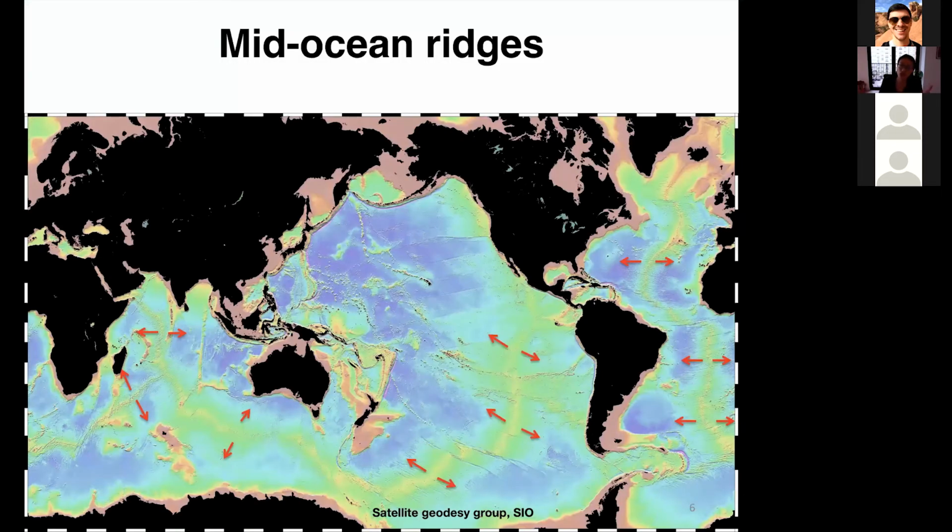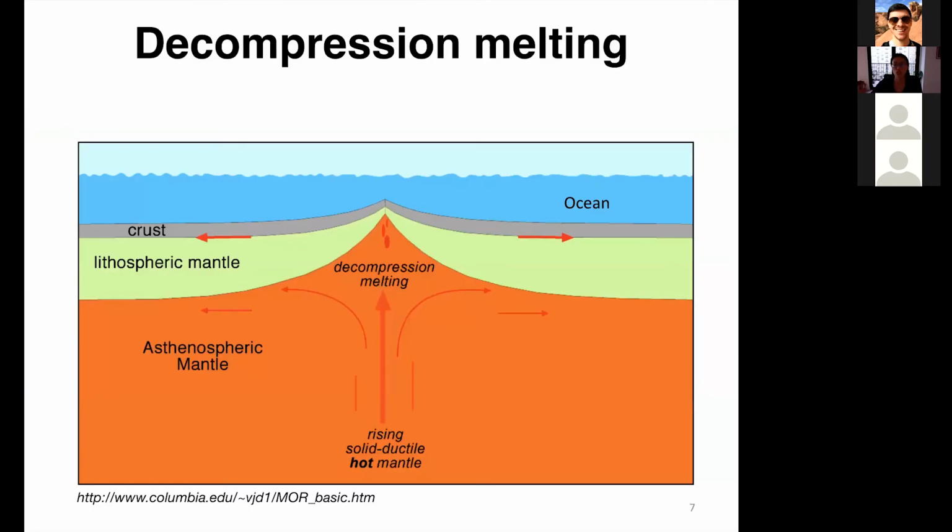Mid-ocean ridges produce most of the world's volcanism, and yet we don't really understand how melt actually forms and migrates underneath. It is really a way for the mantle to communicate with the surface, and that's why it's important to understand. The classical view of creating this volcanism and melt is by decompression melting.